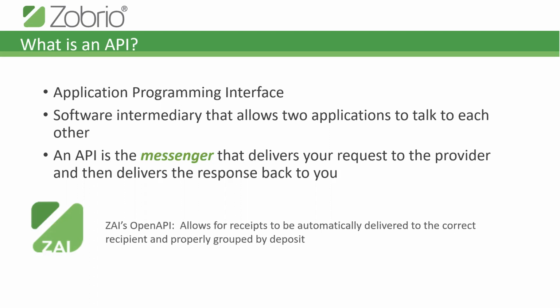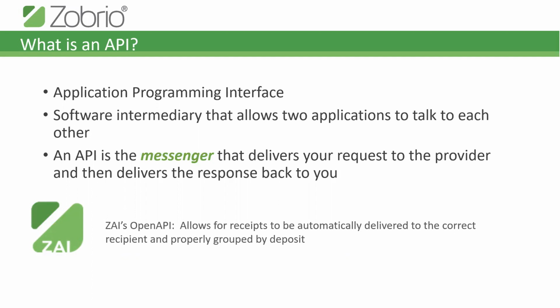We have a process whereby any company that your organization might use to either generate bills or collect payments, we can provide them with an open API kit, which gives them the instructions of how to use our API. And the advantage to you is that information will come into your system for you to review automatically. So in particular, that's what we're going to look at right now.